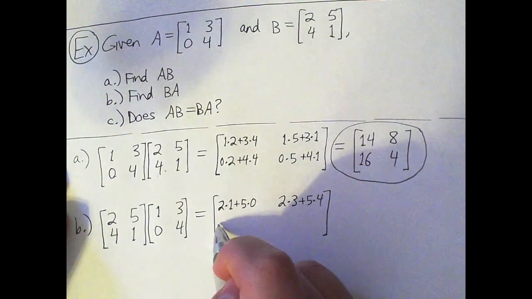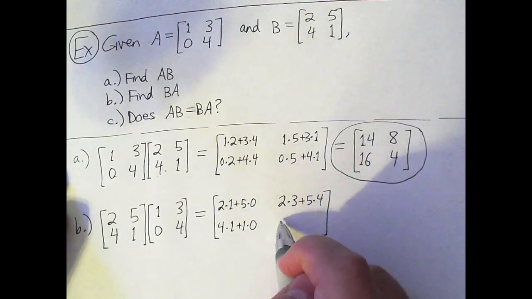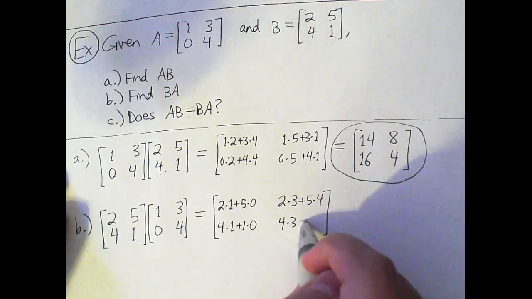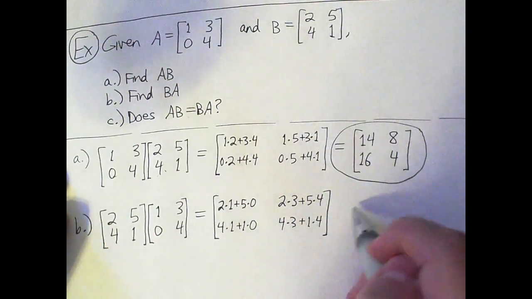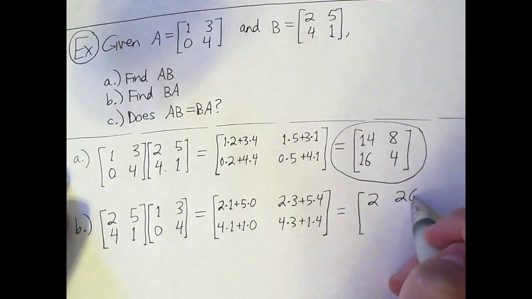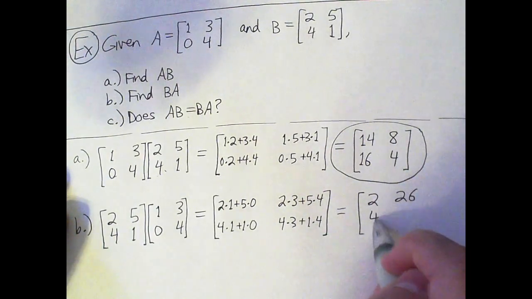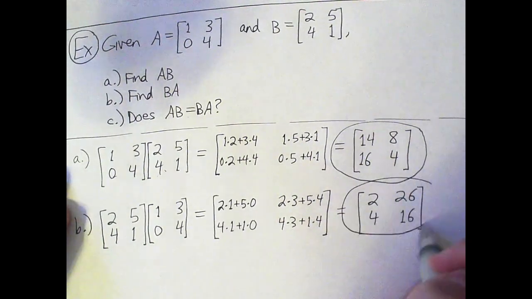Down here, you should get 4 times 1 plus 1 times 0. And over here is 4 times 3 plus 1 times 4. Altogether, this equals 2, 26, 4, 16. That's the answer to part B.